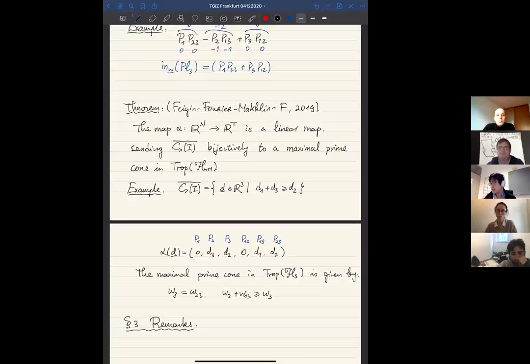But the problem is we need some property called the Minkowski property, because in the definition of the tropical flag variety, you always embed into the product of Grassmannians, which means that you have to have some property on this birational sequence.